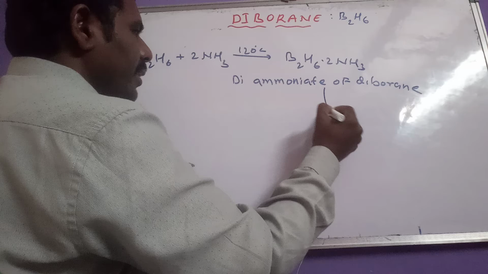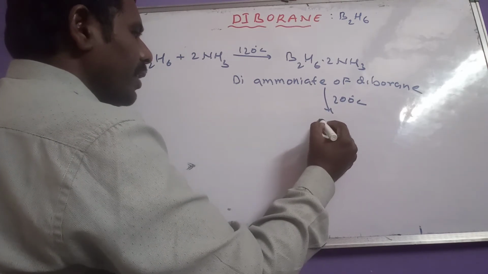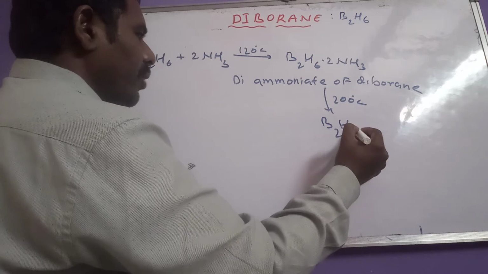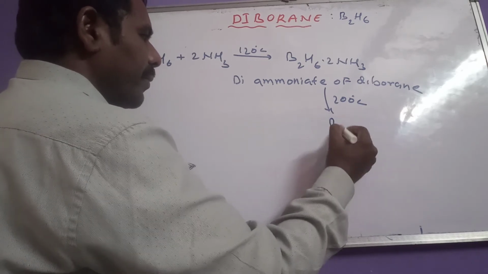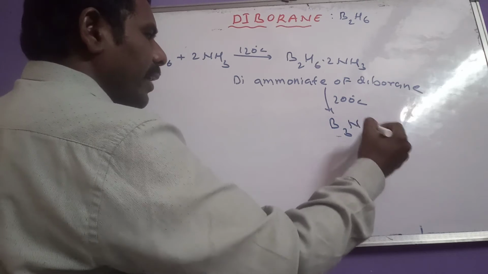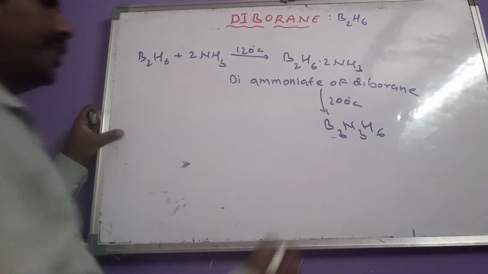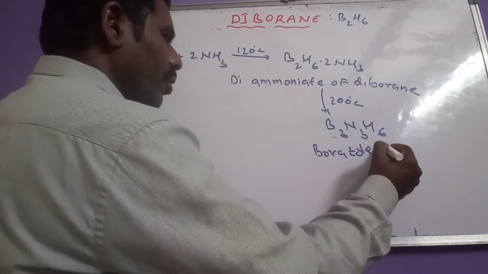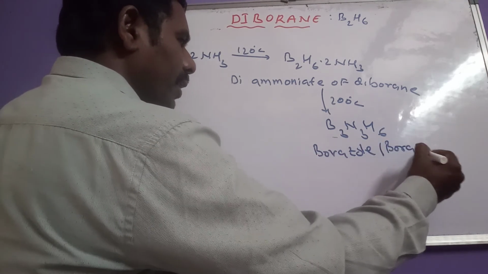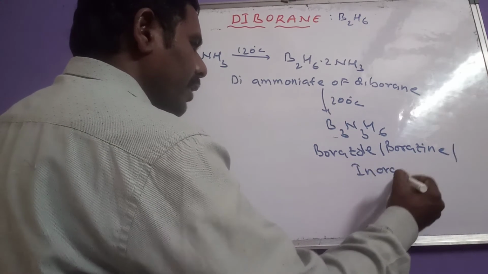Now this on heating at 200 degrees centigrade dissociates to give B3N3H6. It is known as borazole or borazine or inorganic benzene.